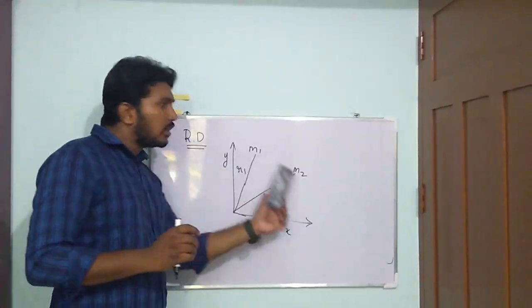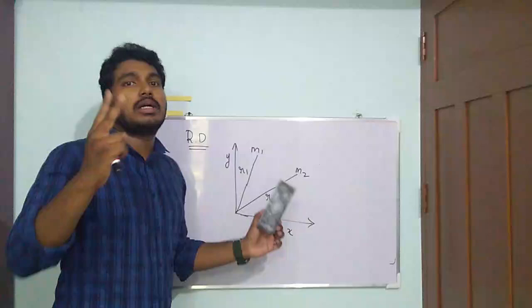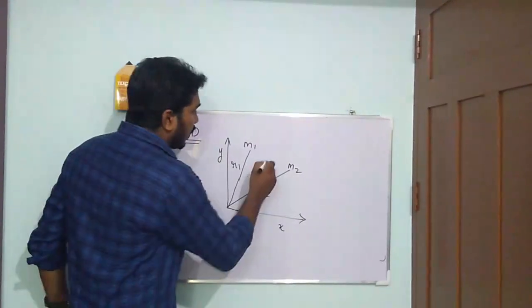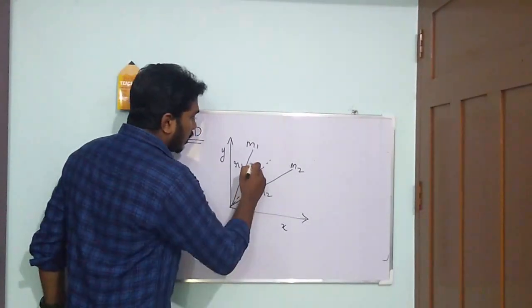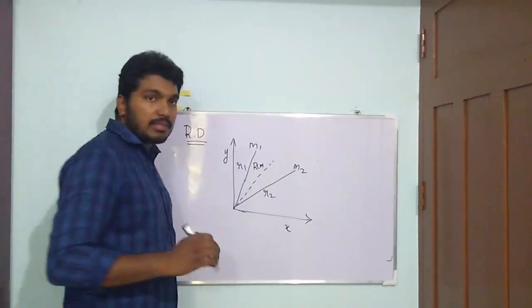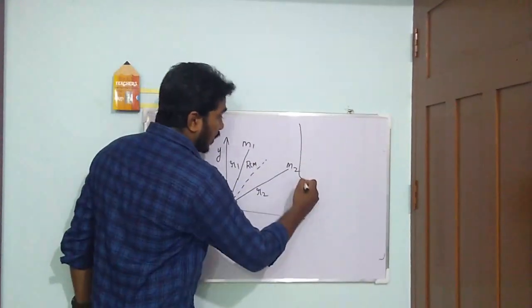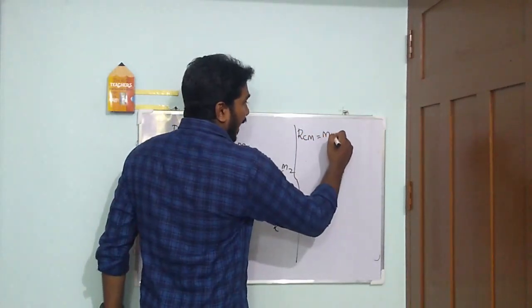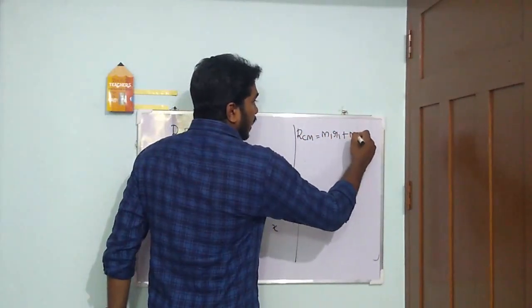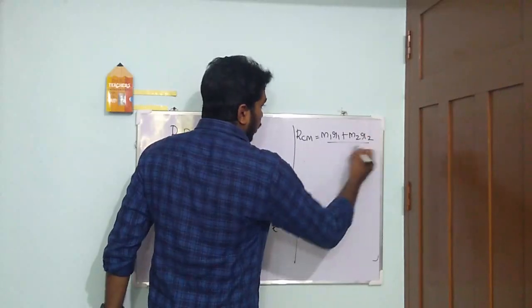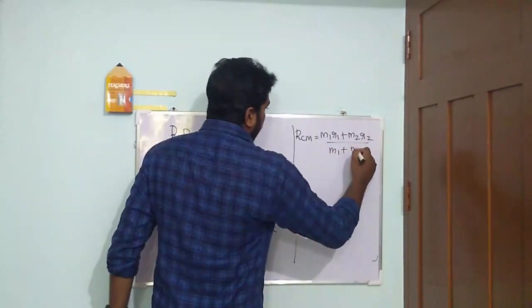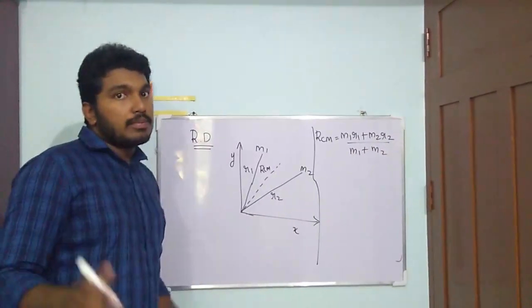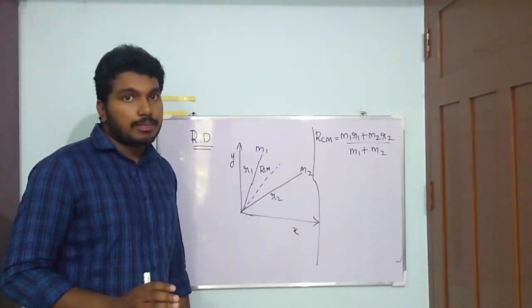We only have 2 masses there, so it's a 2 particle system, and we need to specify the center of mass. We can call it RCM. The center of mass of this 2 particle system is given by RCM equals (m1r1 plus m2r2) divided by (m1 plus m2). I'm very sure that you're very familiar with it.